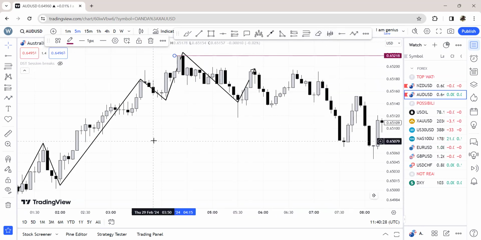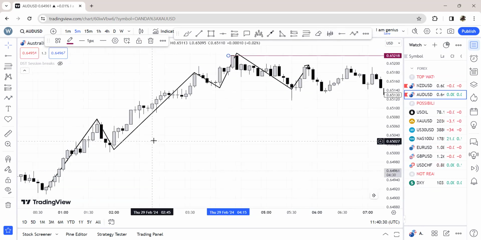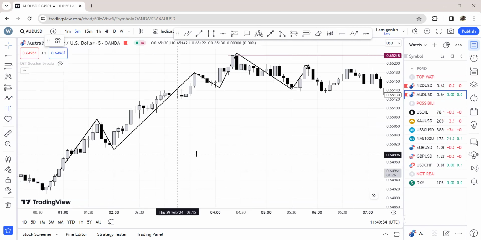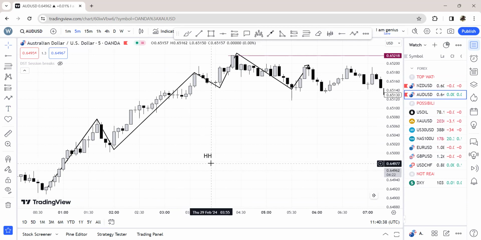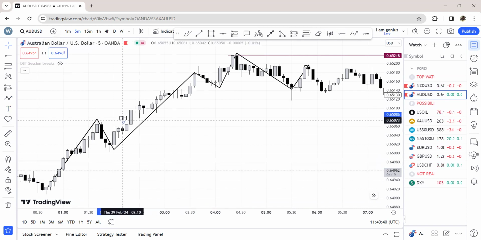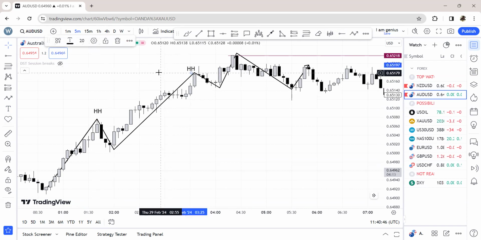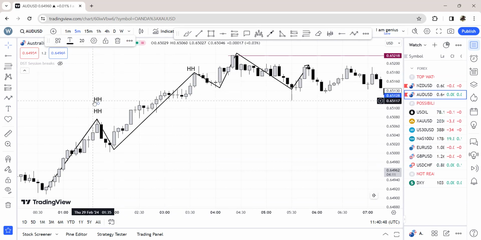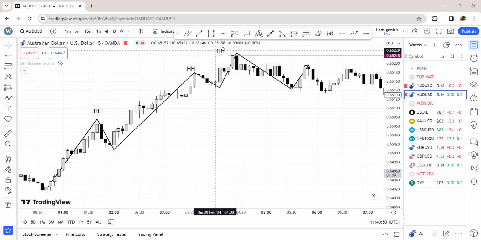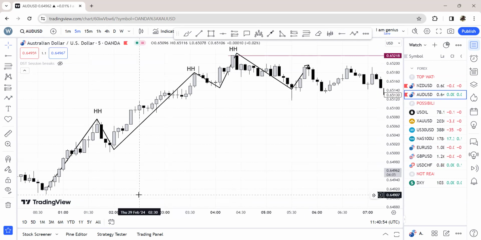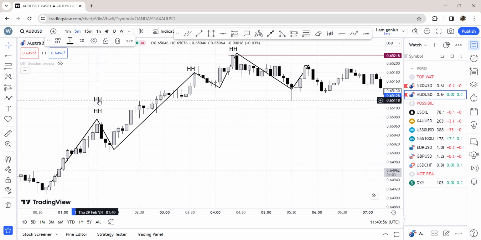Because remember, based on market structure, we said in order for a market to be called as having an uptrend, it needs to be constantly forming those higher highs, which is what it was doing. I'll put one there as well. And it also needs to be forming higher lows.